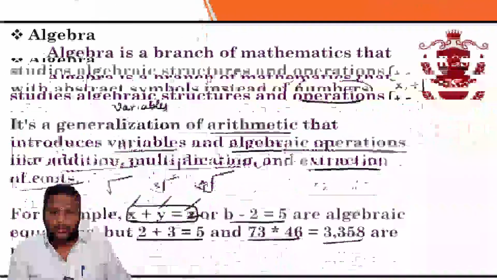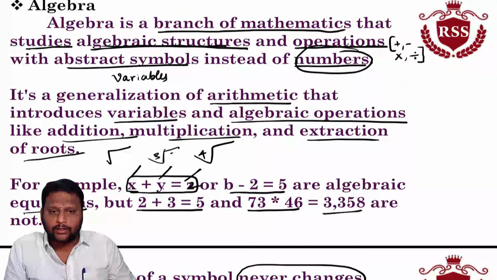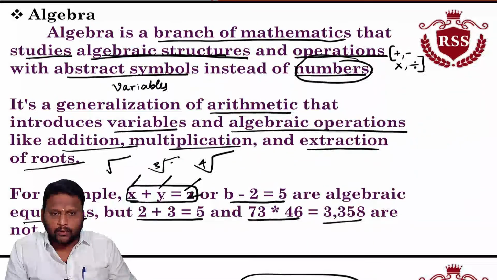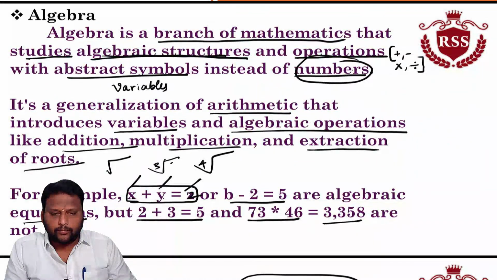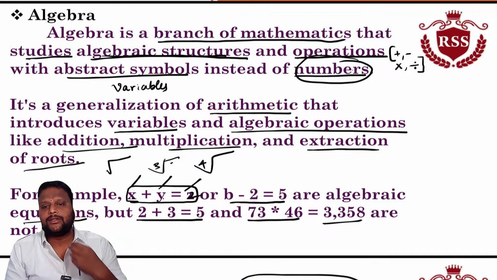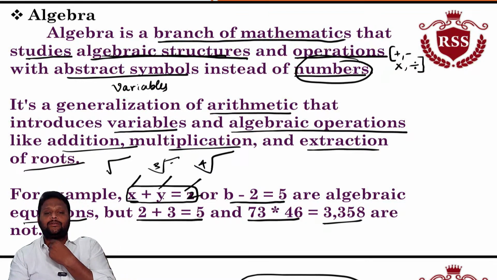So yesterday we discussed algebra. What is algebra? Algebra is a branch of mathematics that studies algebraic structures and operations with abstract symbols instead of numbers. It is a generalization of arithmetic that introduces variables and algebraic operations like addition, multiplication, and extraction of root.